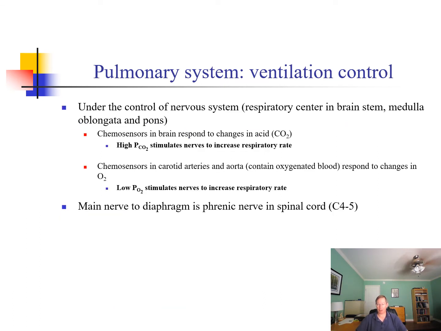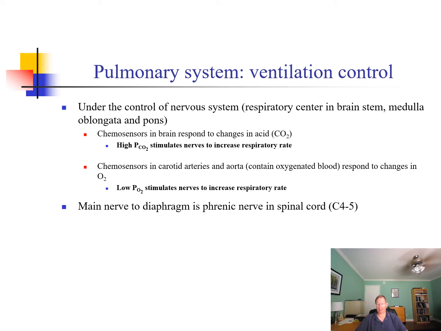Now, as I mentioned, this ventilation is under the control of the central nervous system. I have within the respiratory center in my brainstem, my medulla oblongata and pons, the ability to increase or decrease my respiratory rate. And that is done in response to stimuli from sensors for both carbon dioxide as well as oxygen.